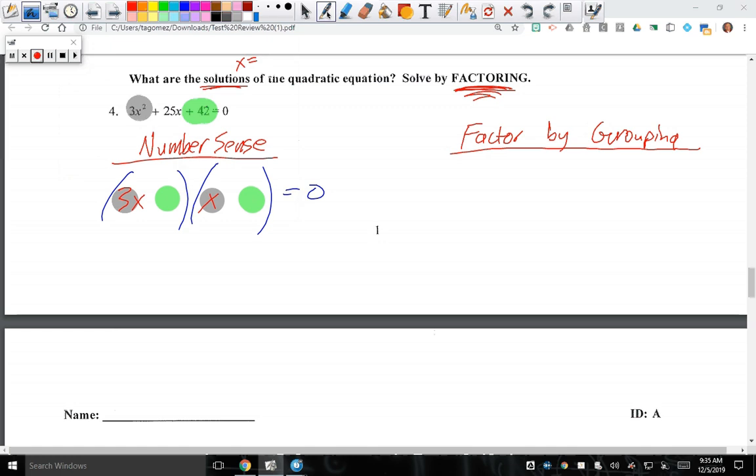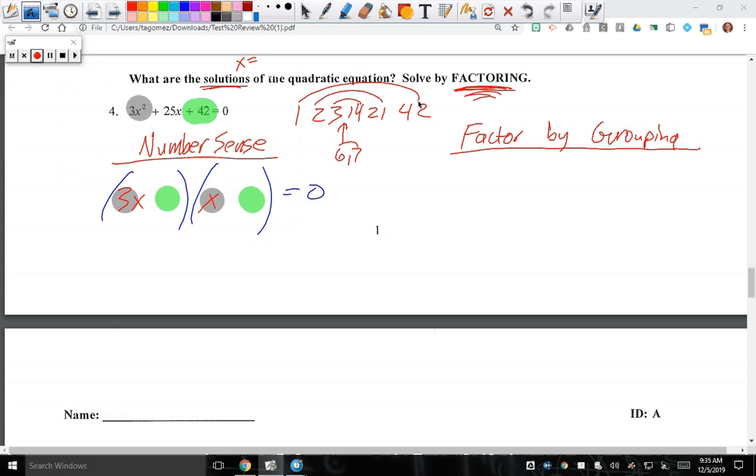There's a lot of different things that I could do here. I could do 1 and 42. Remember the rainbow that we were talking about? I could do 2 and 21. I could do 3 and what? 12? No, not 3 and 12. 3 and 14. Y'all with me? What else could I do? 7 and 6. So I could do 6 and 7, 3 and 14, 2 and 21, or 1 and 42.